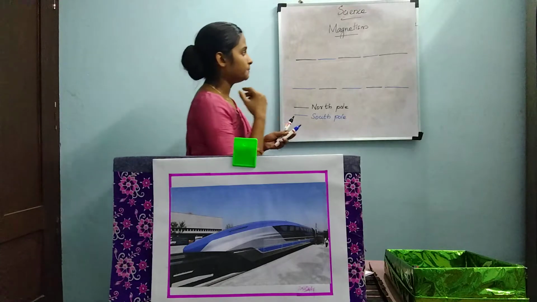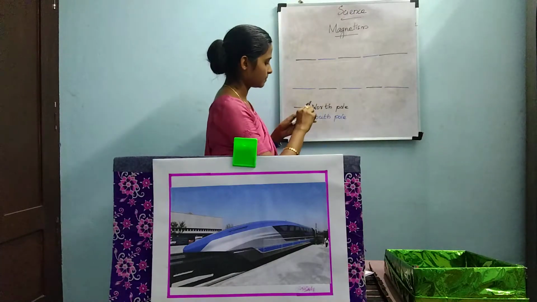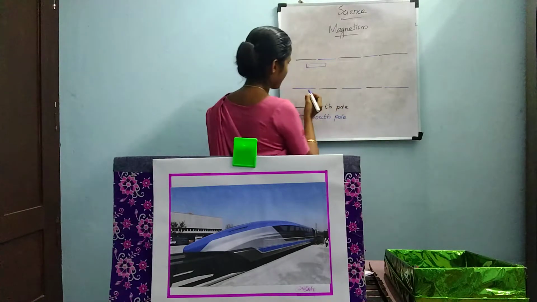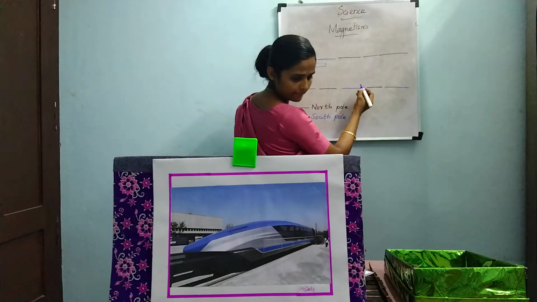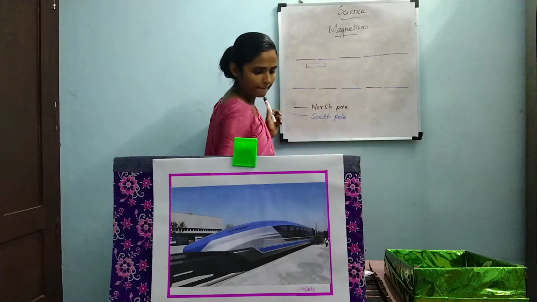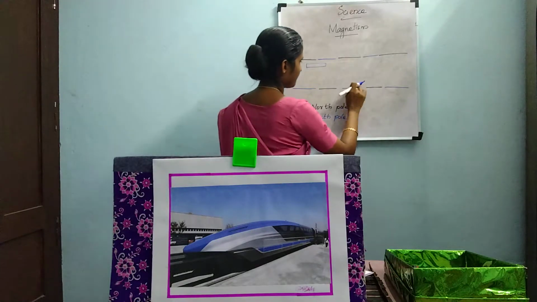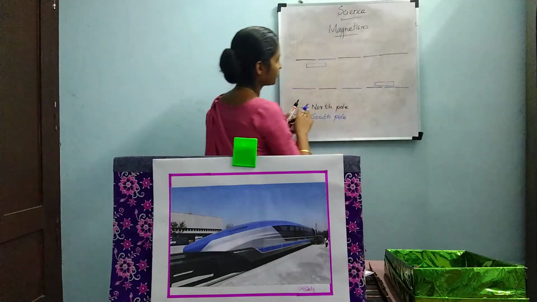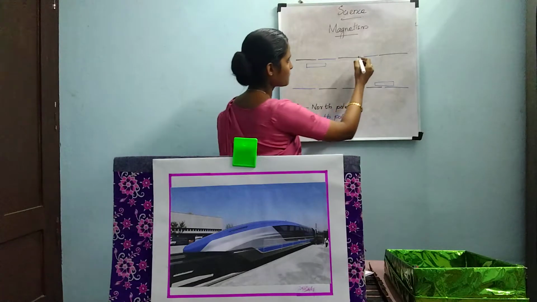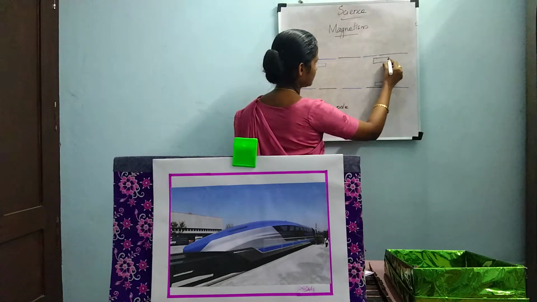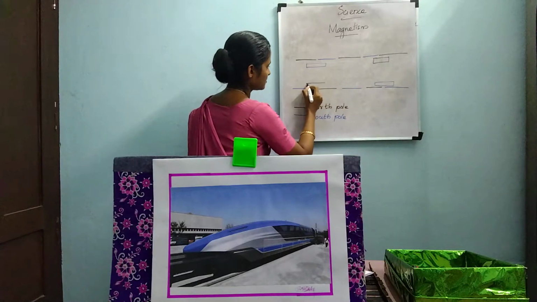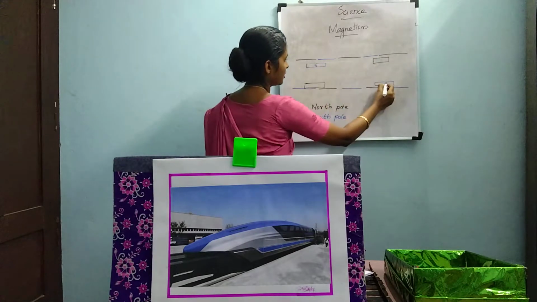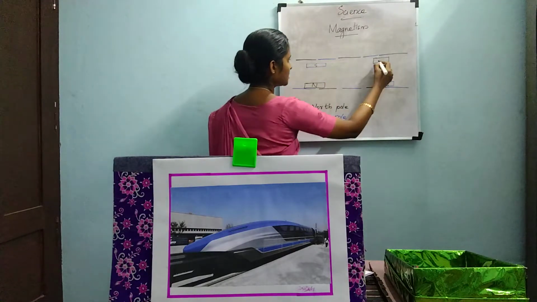Okay. This diagram. Blue color shows south and black color shows north.